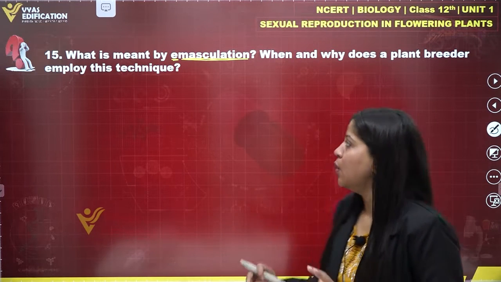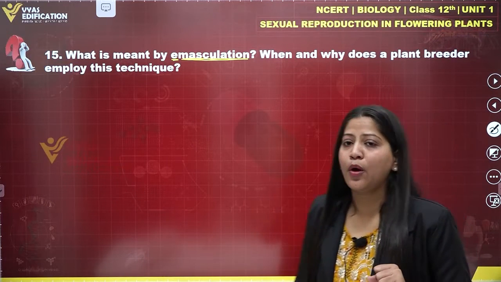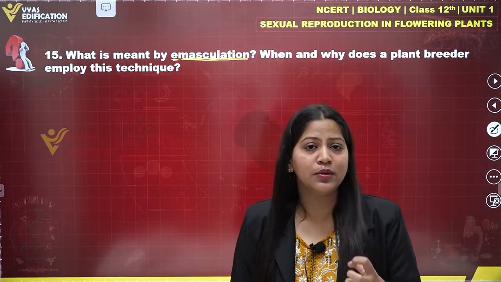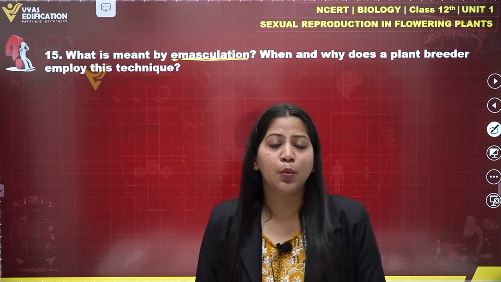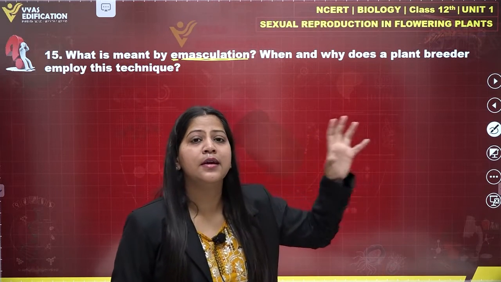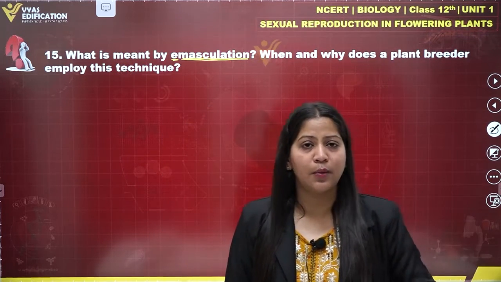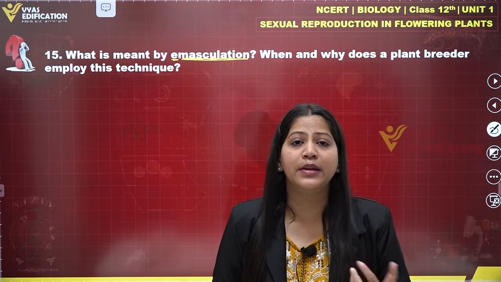Now, when and why does a plant breeder employ this technique? They do this in the bud stage. Why do plant breeders emasculate the flower? They do so to prevent self-pollination.